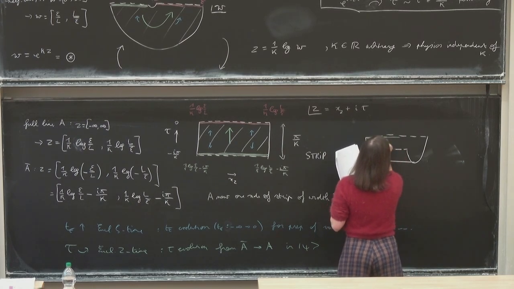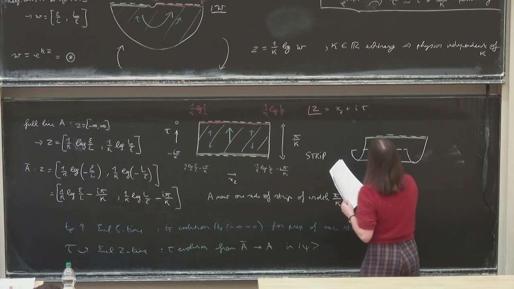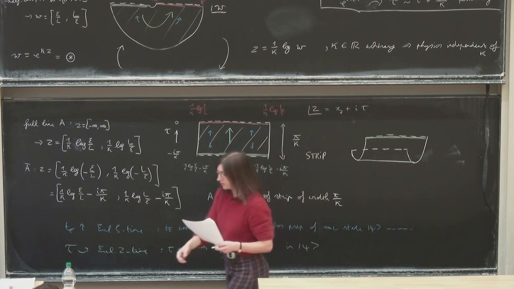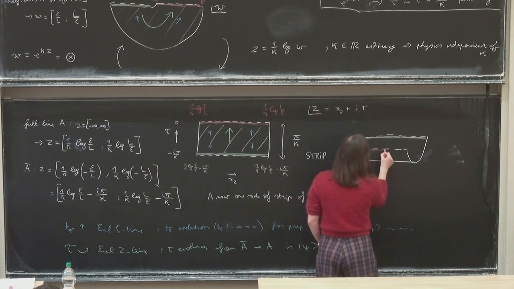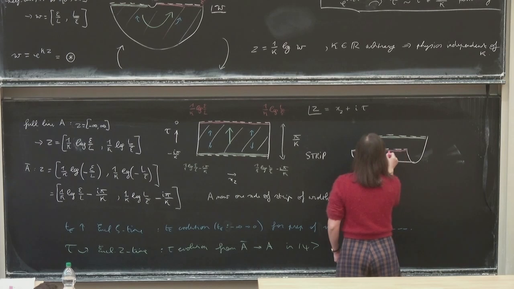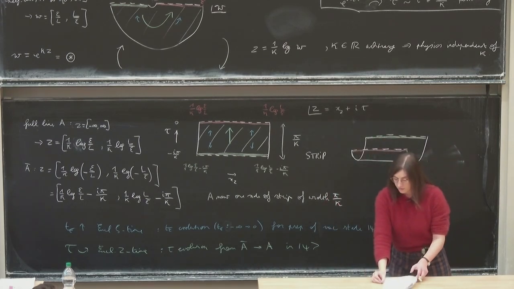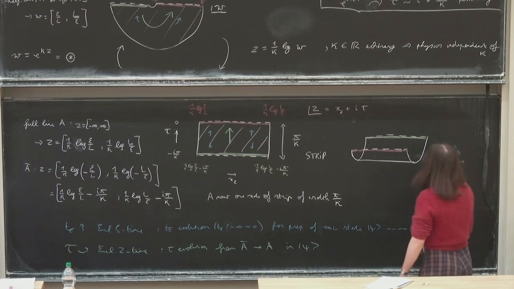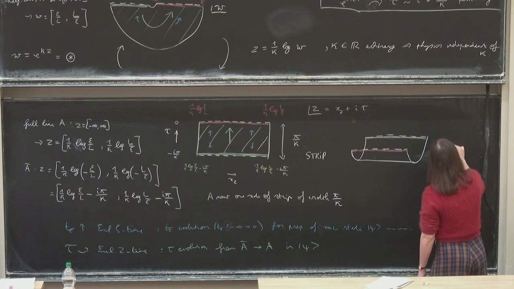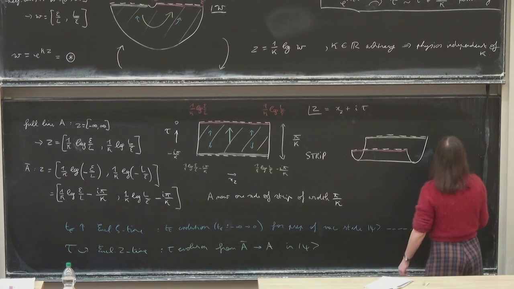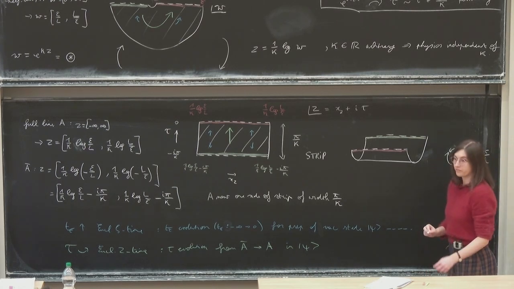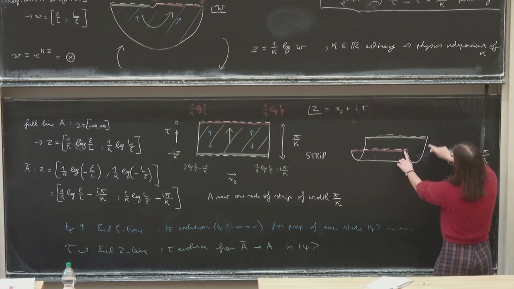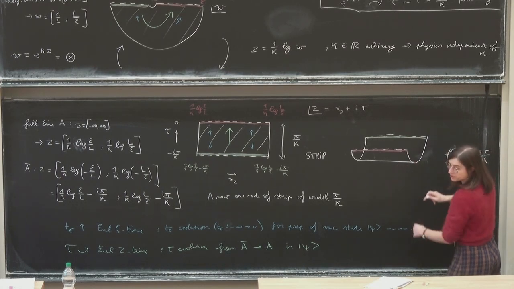I have the green A bar region on the back, and I have the red A region on the front of my half cylinder. This is a revisualization of the strip as half a cylinder, so that if you would go around the whole cylinder, you would have a periodicity delta tau equal to 2 pi over kappa. Because from the red part to the green part is the length pi over kappa in the tau direction.